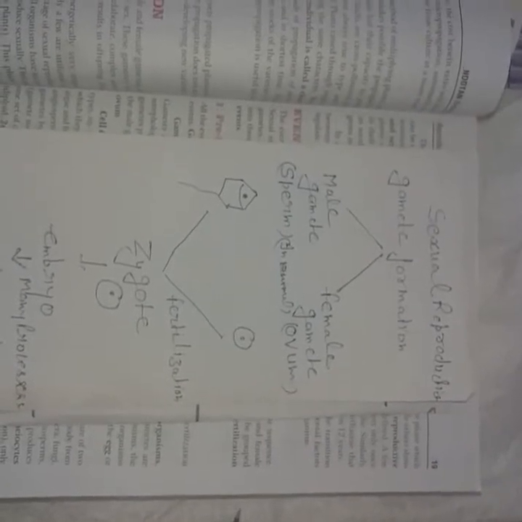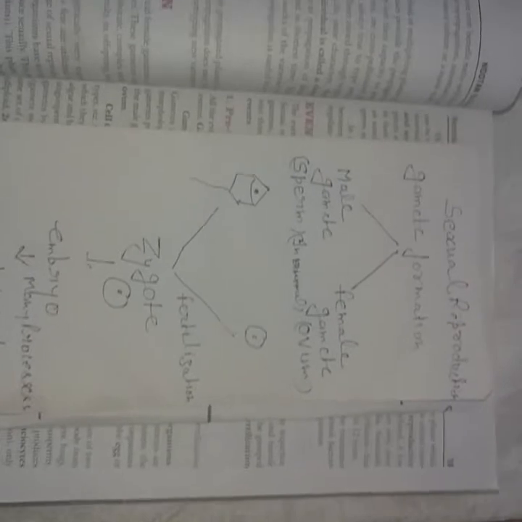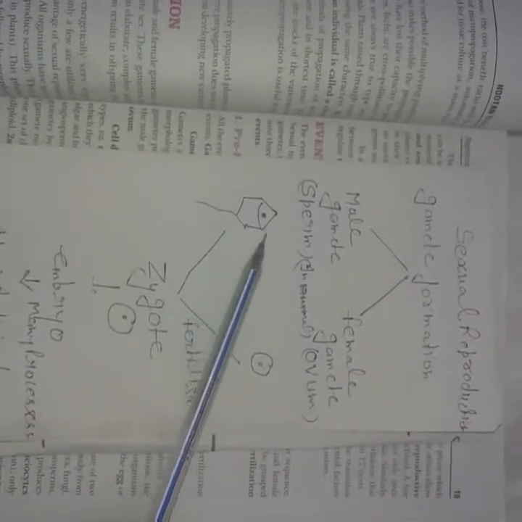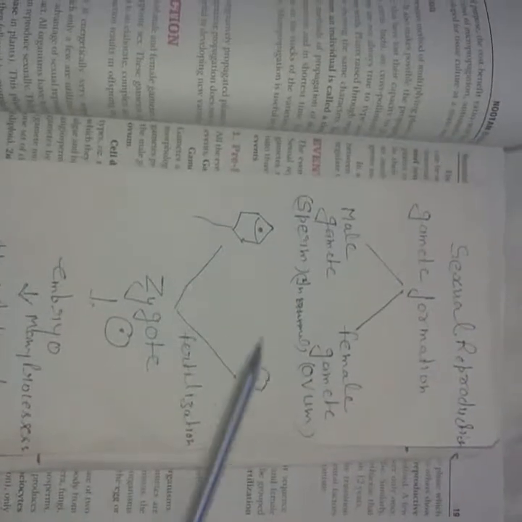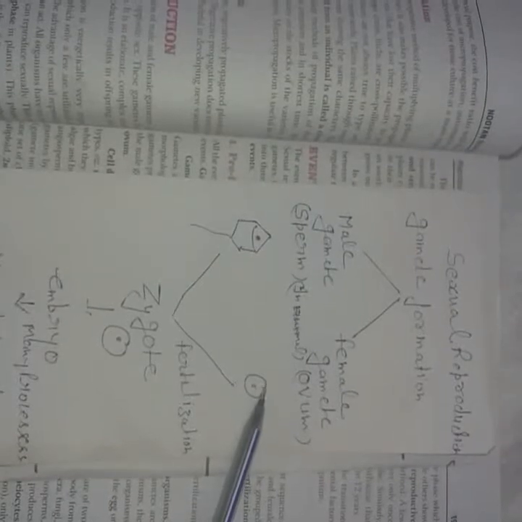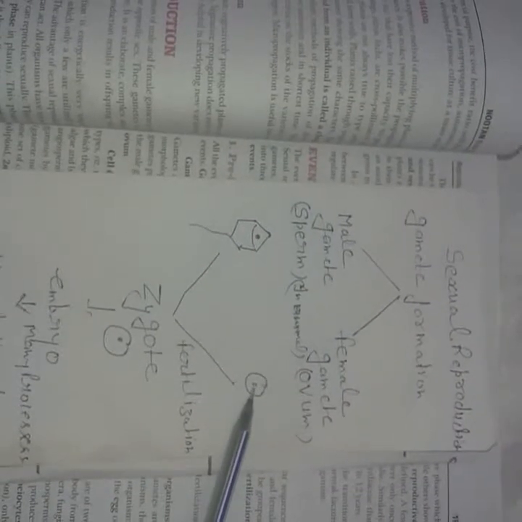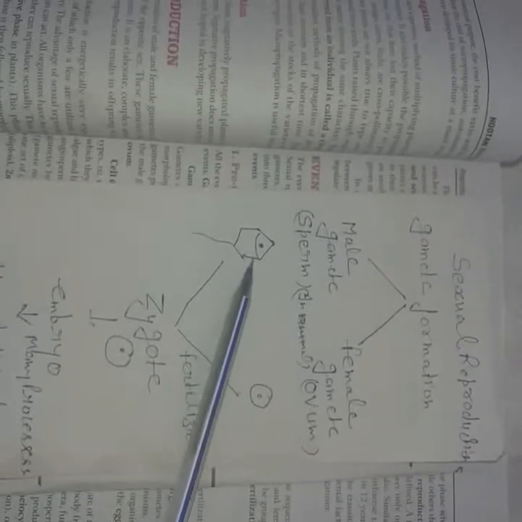Male and female gametes, after maturing, participate in fertilization and then sexual reproduction is completed. This is the structure of a sperm, it is flagellated and motile, and this is the ovum, it is rounded and non-motile.